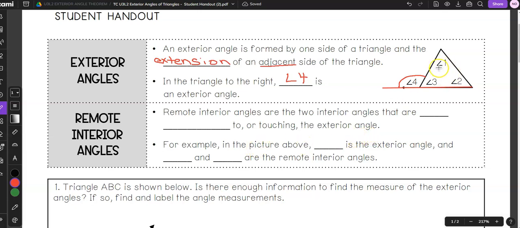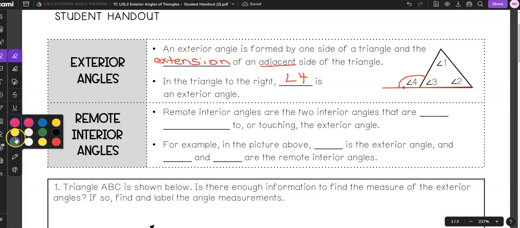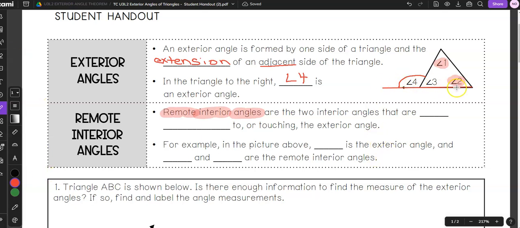All right, so angles 1 and 2, I'm going to highlight these, and you don't have to do all the highlights that I do, but angles 1 and 2, I'm going to highlight them in red. Those are called remote interior angles. And those are the angles that when you make that exterior angle, they're the furthest away.